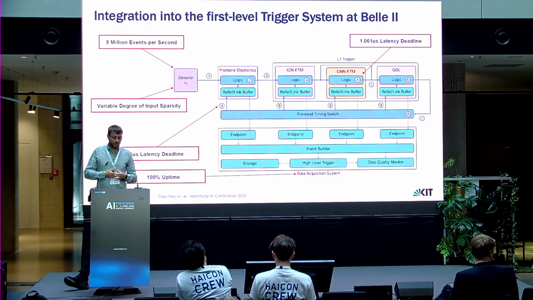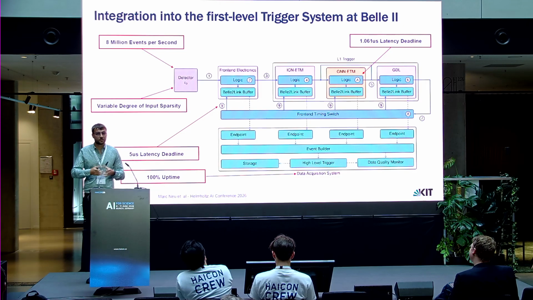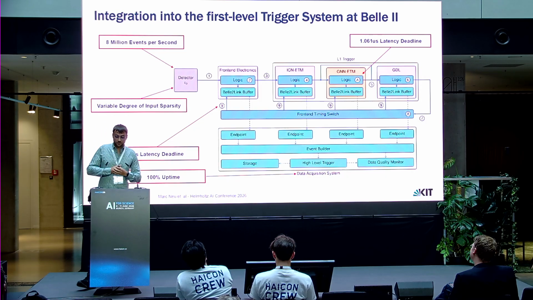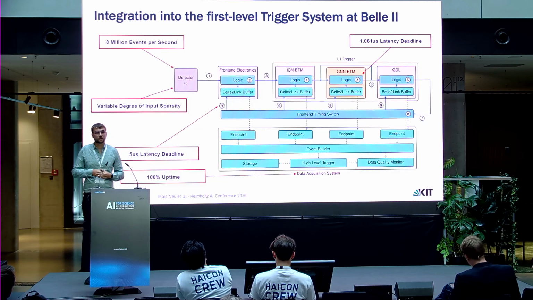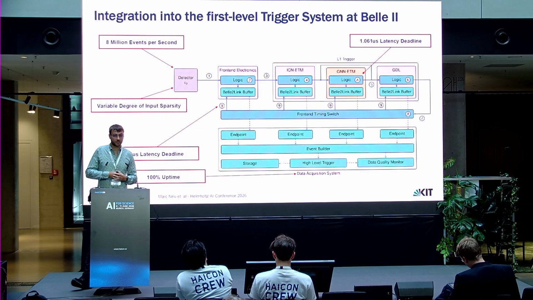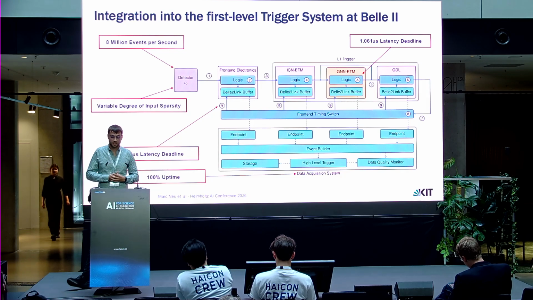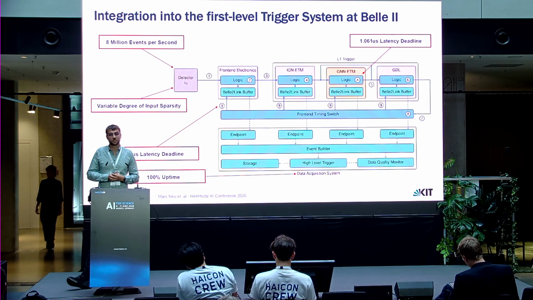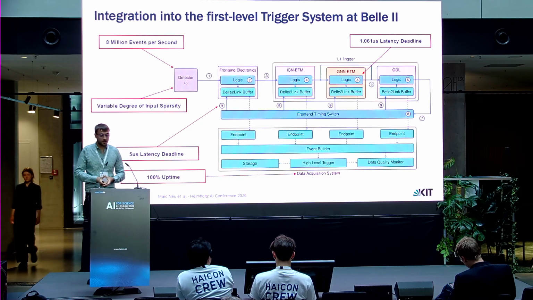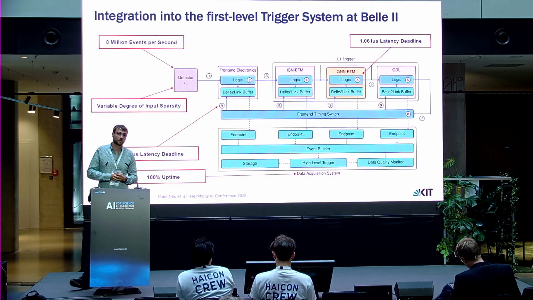Overall, we have a 5 microsecond latency deadline until the buffer in the first module, the front-end electronics, overflows. If we deduct all the connections and interfaces, like optical connectors, we end up with a latency of just 1 microsecond for our algorithm implementation on one of such modules. In addition, we want 100% uptime, so each time our system fails, it stops the full detector run, which is quite expensive.